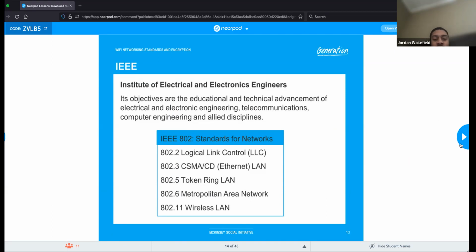Its objectives are the educational and technical advancement of electrical and electronic engineering, telecommunications, computer engineering, and allied disciplines. All right.